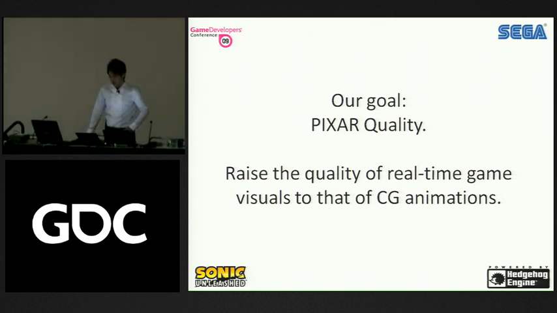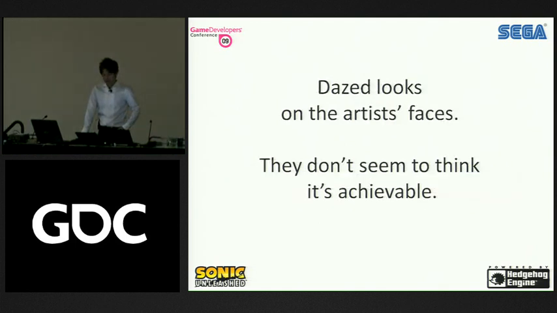In order to start this project, we had a goal. We wanted to have Pixar quality. We would like to improve our quality to the animation quality, even though it's real-time graphics.